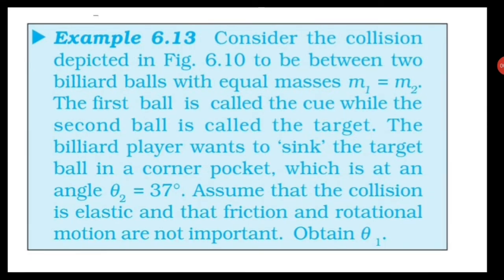The billiard player wants to sink the target ball in a corner pocket which is at an angle theta 2 equal to 37 degrees. Assume that the collision is elastic and that friction and rotational motion are not important. Obtain theta 1. So we are asked to find theta 1. Theta 2 is given as 37.